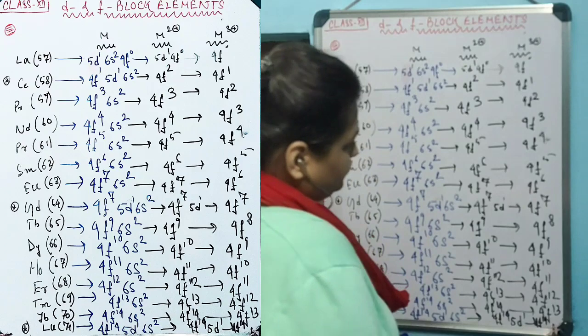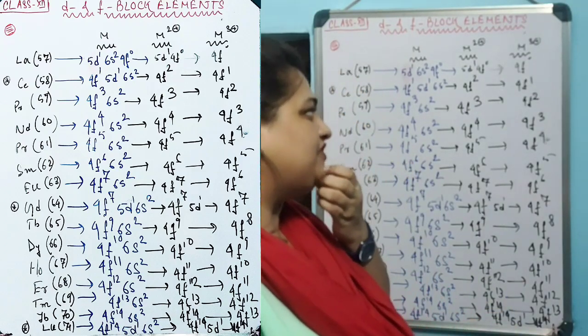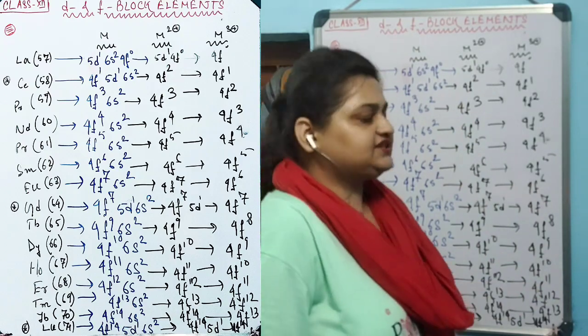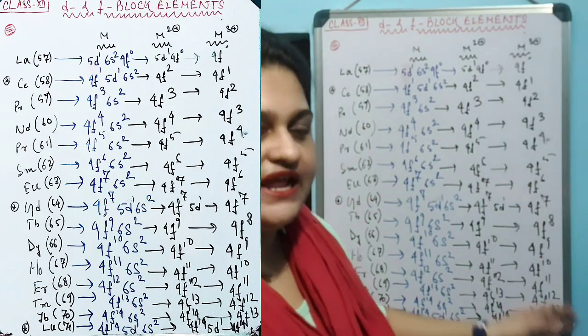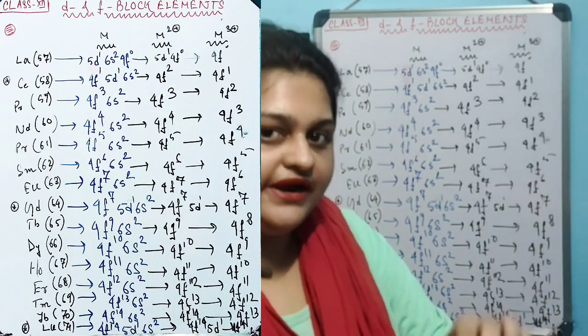So the plus 3 oxidation state runs from 4f0 to 4f14. That is the general electronic configuration of these lanthanoid elements in their plus 3 oxidation state, starting from 0 and ending at 14.